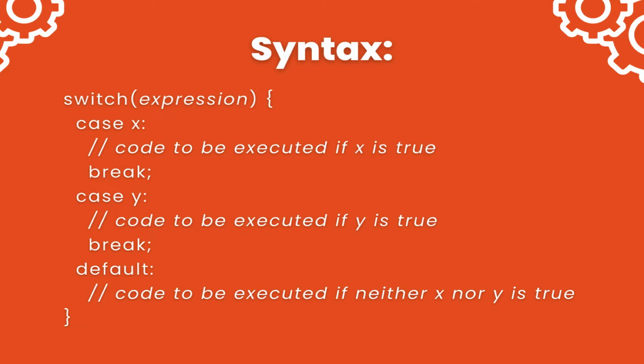And if all the conditions in the case were not true, if there is a default code, then it will execute the statement written under the default keyword. The default keyword is like the else keyword in the if-else statement. It is what is executed when none of the conditions are true.